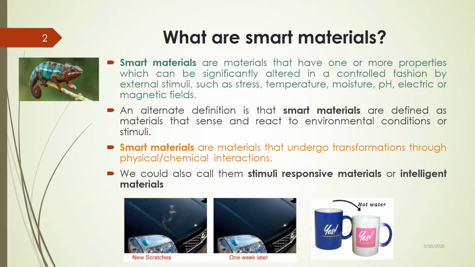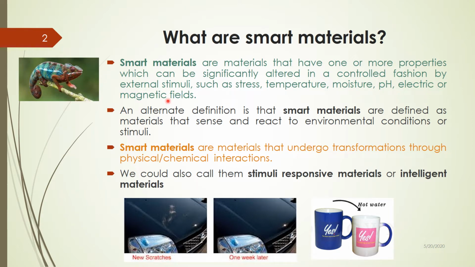Here in the second slide, I am giving two definitions for smart materials. First one, smart materials are materials that have one or more properties which can be significantly altered in a controlled fashion by external stimuli or environmental conditions such as stress, temperature, moisture, pH, electric or magnetic field.